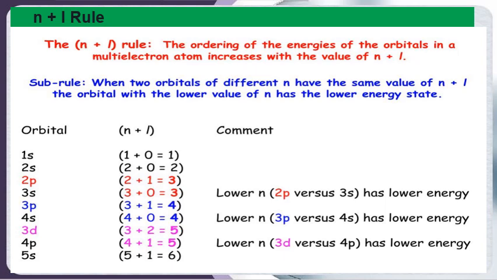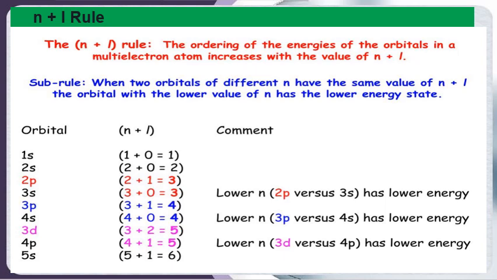Now look at the fourth one actually, 3s. The 3s is holding the value of n, that is 3, and then the value of l for this s is 0. The total is 3. Now you can see 2p and 3s hold the same n plus l value. So which one will be filled first?